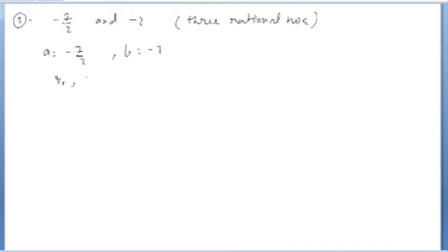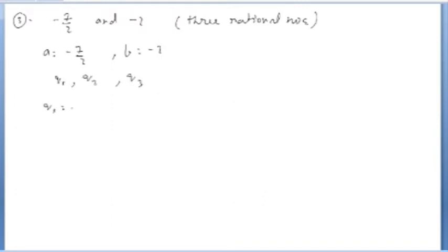Question number 3. Find three rational numbers between minus 7 by 2 and minus 2. So we have to find three rational numbers between these two rational numbers. Suppose a is minus 7 by 2 and b is minus 2, and the three rational numbers are q1, q2 and q3.